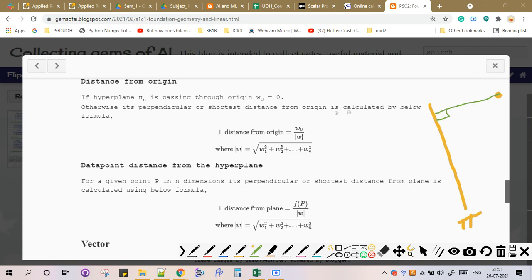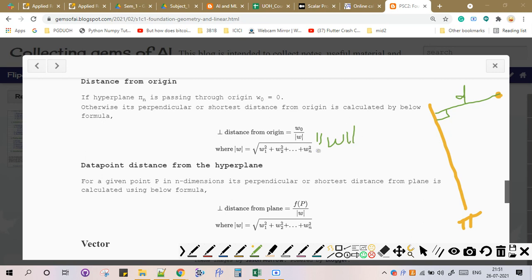So this perpendicular distance from the origin D is defined as W0 divided by mod of W. This is the second norm of W, the L2 norm, because it is nothing but the square root of W1 square plus W2 square up to Wn square. I have just put one pipe here, but it can also be written like this, mod W. So this is nothing but the second norm.